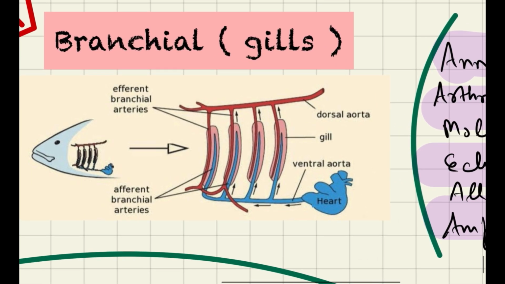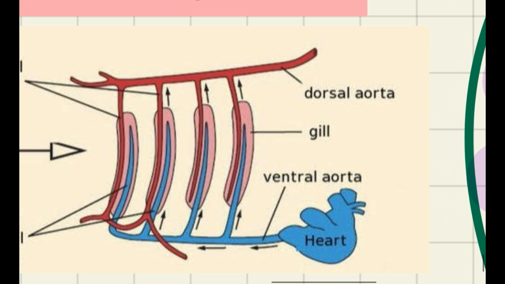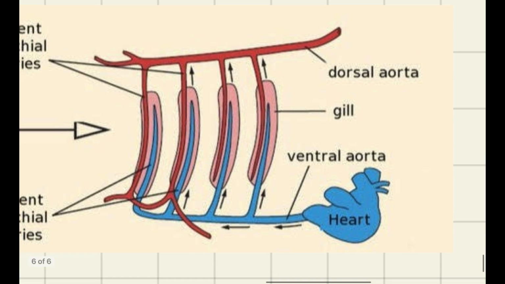What happens here? Gills are the structures which are having certain tissue like structure here. This is known as lamella, and this lamella is having two types of arterioles here. We can see here, this is efferent and this is efferent.